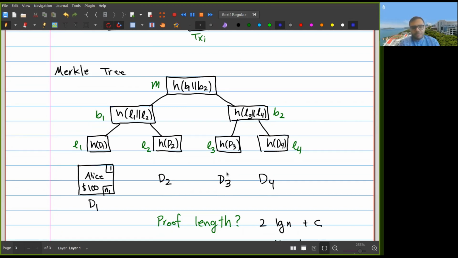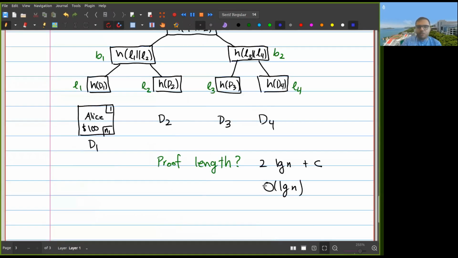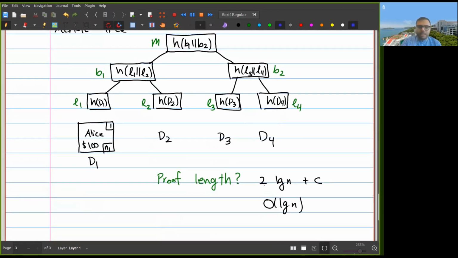So my data here were just the deposits. I don't have to use the deposits. Maybe I could say I have some piece of data, data 1, data 2, data 3, data 4. And then I want to give a proof that a particular entry is there, right? And this would be the proof. But I can also give a proof that a particular entry is not there.